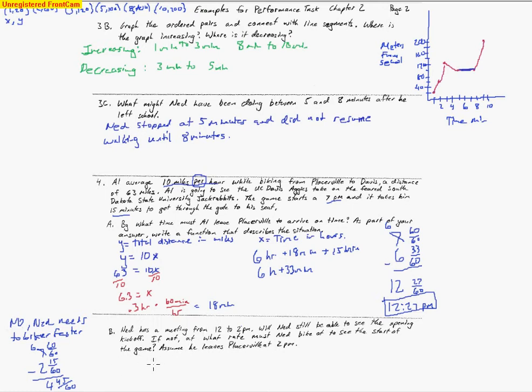So now I'm going to define a variable here. R equals the rate Ned needs to bike. So I'm going to do 63. 63 is the number of miles that he needs to go, equals the rate at which he needs to bike times the time, and he has 4 hours and 45 minutes.